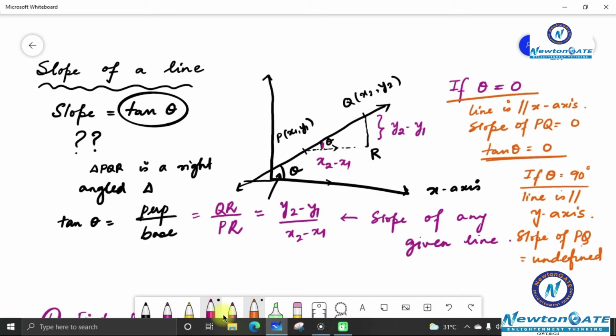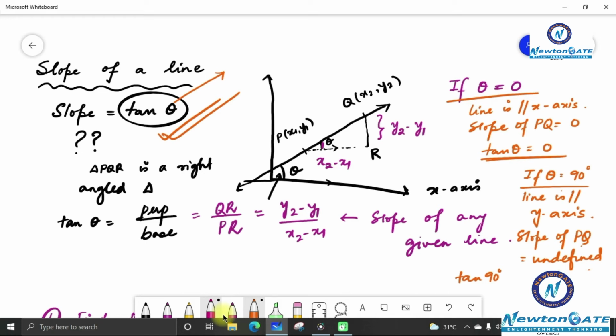We still have the angle theta, but why does the slope become undefined when it is 90 degrees? By the definition, slope is equal to tan theta, where theta is the angle of inclination. Now, we know that tan 90 degrees is undefined, and hence slope will also be undefined.